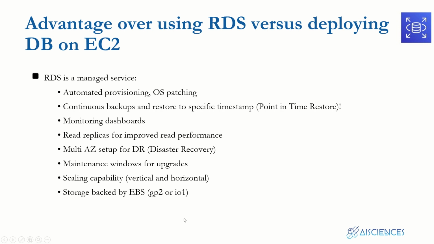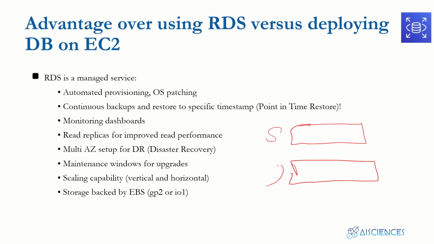Then we have multi-AZ setup for disaster recovery. Like let's say we have two availability zones. I'm gonna draw it. So let's say you have two availability zones, one in San Francisco denoted by S, and the other one in London denoted by L. So basically, if your availability zone in San Francisco somehow shuts down, you still have this availability zone in London as well.